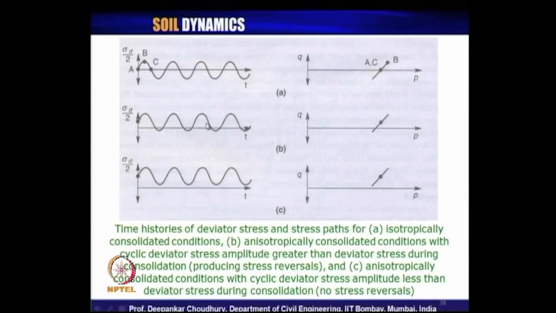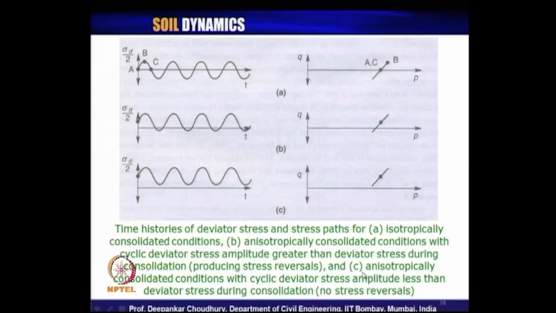Why? Because here, after applying the deviatoric stress for your consolidation, you are applying additional cyclic deviatoric stress. So, that is why it automatically gives you the representation of the deviatoric stress with respect to time like this, and the corresponding stress path will be like this.